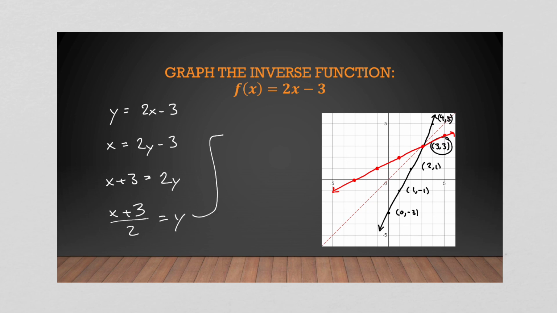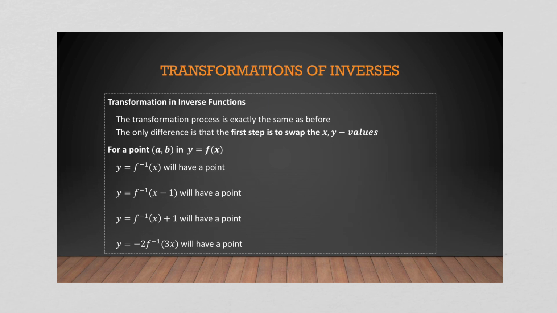And now to make that into more of a natural slope-intercept form, it's x over 2 plus 3 over 2, which means we have a slope of 1 over 2 and a y-intercept of 1.5. So look at that. There's my y-intercept of 1.5. And if I were to go up 1 over 2, up 1 over 2, it's all going to work and it looks perfect. So you can do it either way. The swapping of the coordinates is definitely the quick version.